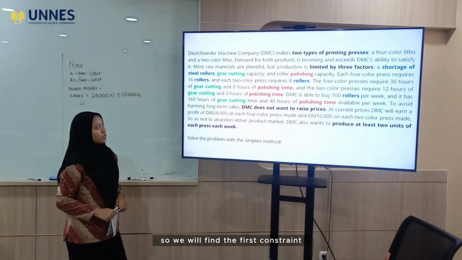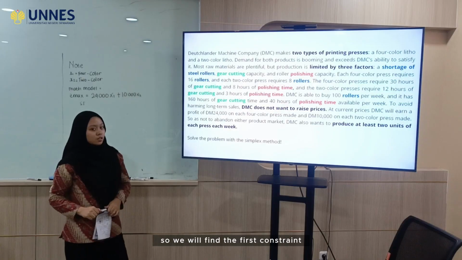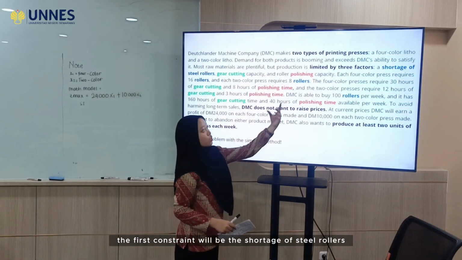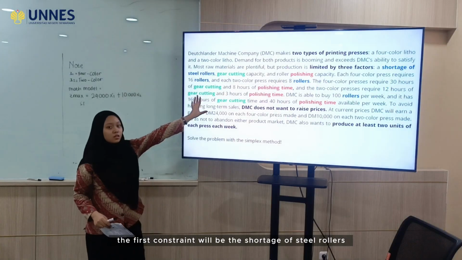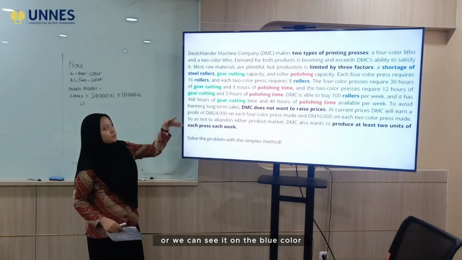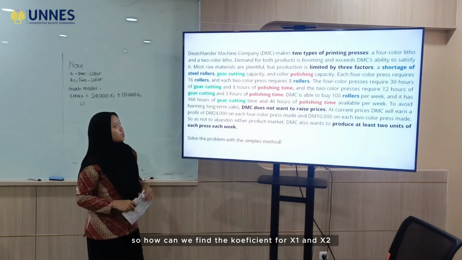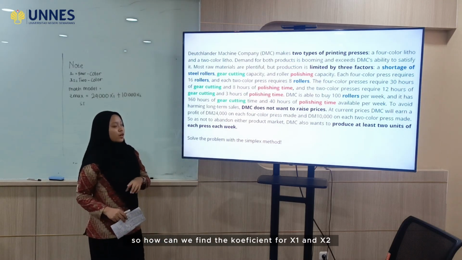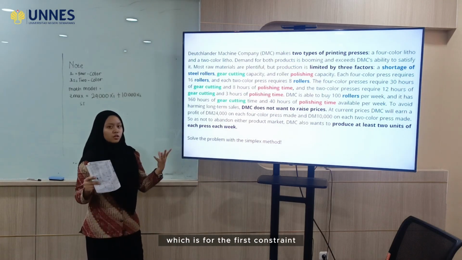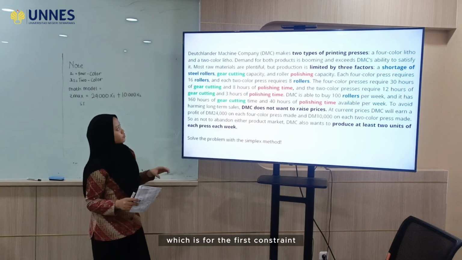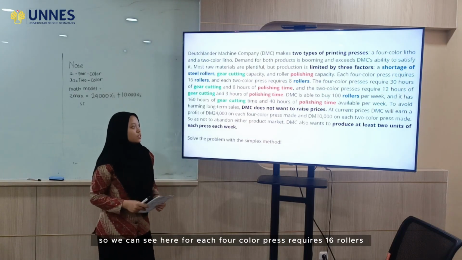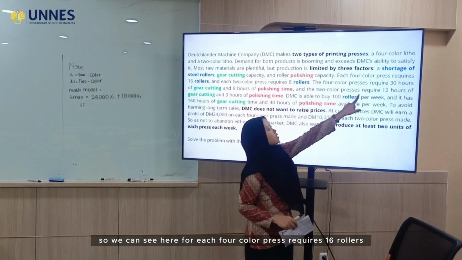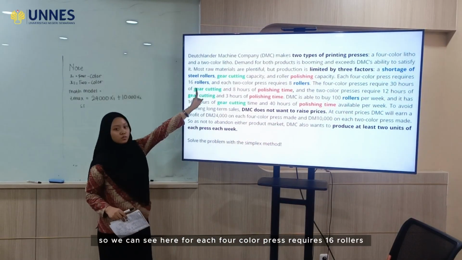So we will find the first constraint sequence. The first constraint sequence will be the shortage of steel rollers, or we can see it in the blue color here. So here, how can we find the coefficients for x1 and x2 for the first constraint? We can see here, each 4-color press requires 16 rollers.